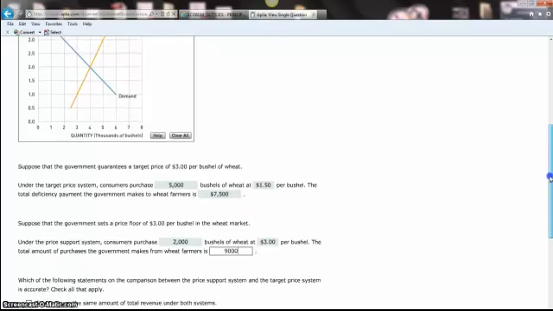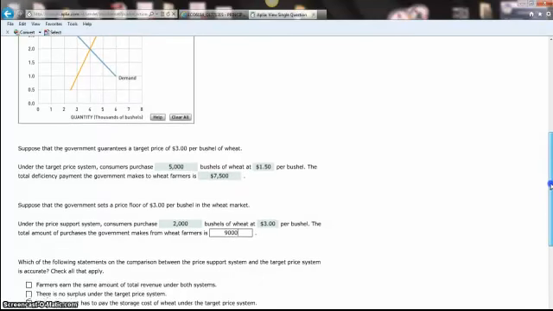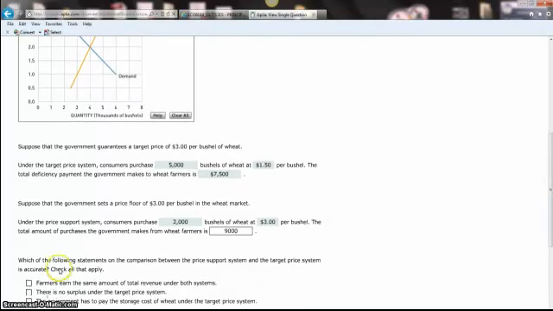Alright, so if you start looking at this, which of the following comparisons is going to be true of the price support system and the price target system? As it turns out, farmers are going to earn the same amount of total revenue under both systems. That is not going to change.